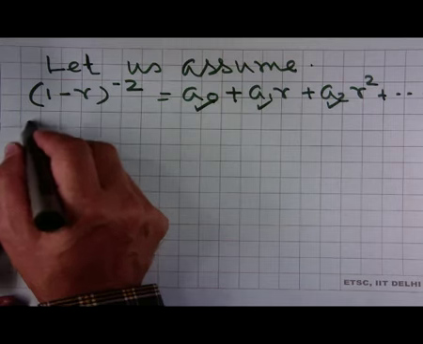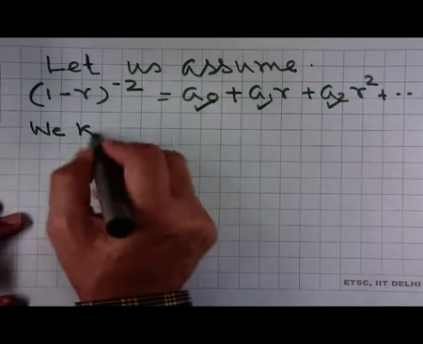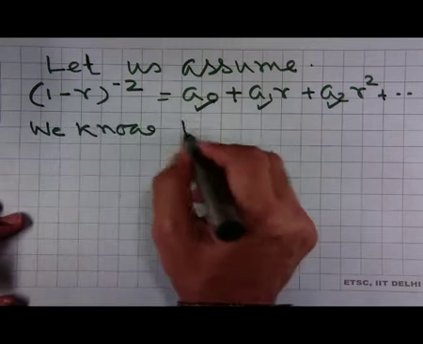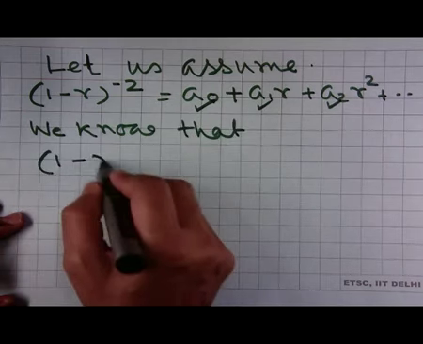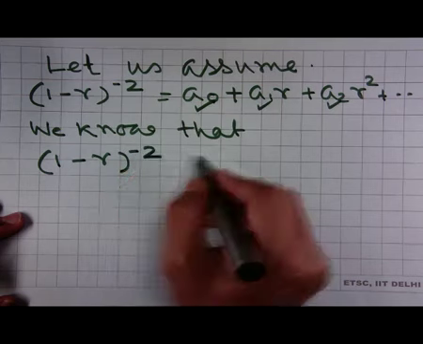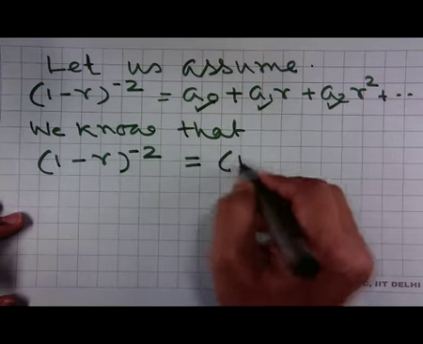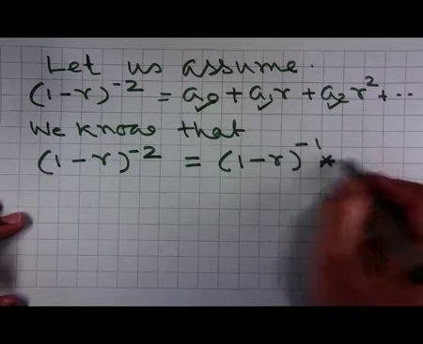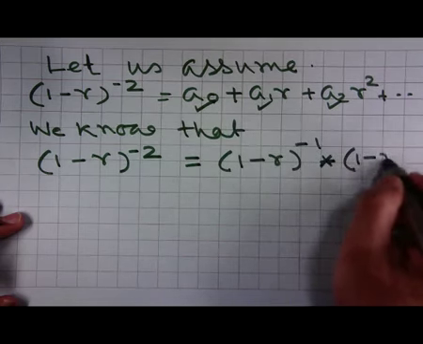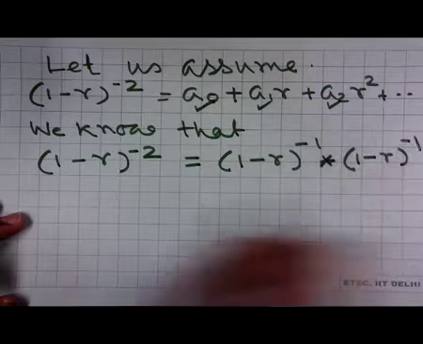We know that (1 minus r) whole to the power minus 2 is equal to (1 minus r) whole to the power minus 1 multiplied by (1 minus r) to the power minus 1.